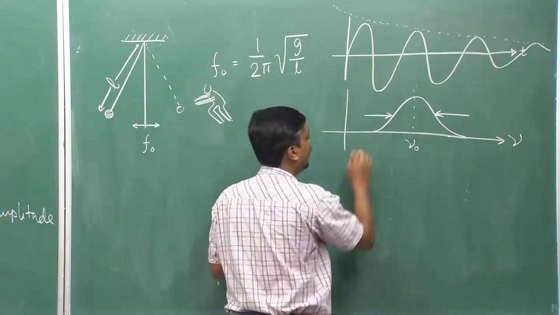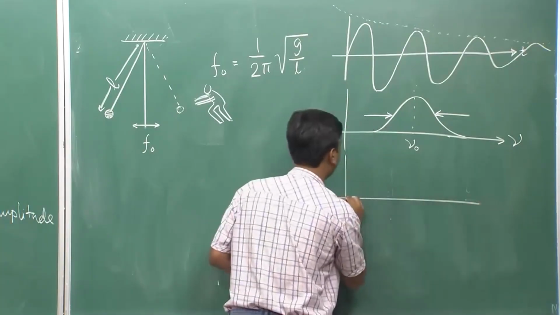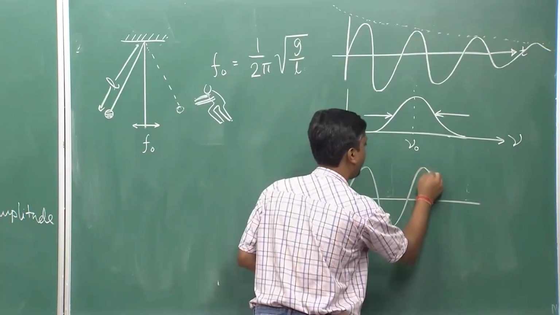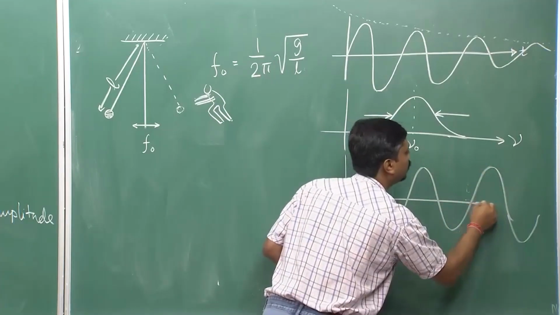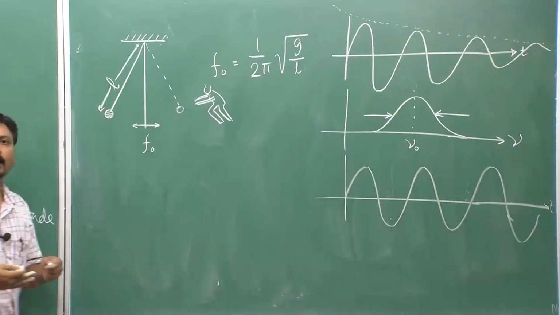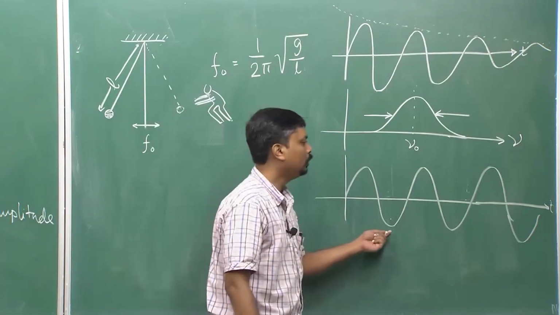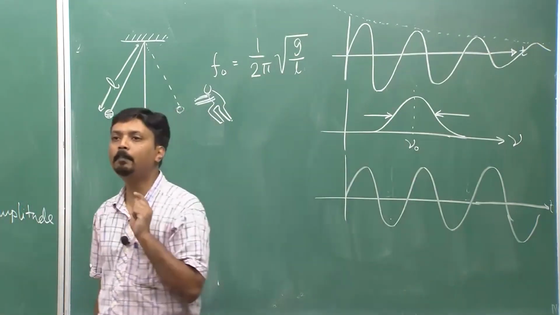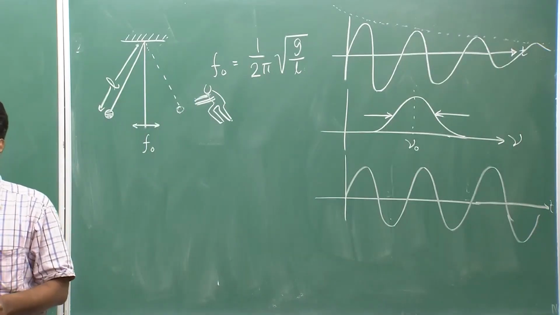You can come back to the situation where you have continuous constant amplitude, and again a spectrum having nearly 0 line width. So the question is, how do I compensate for these losses, or how do I minimize the losses?